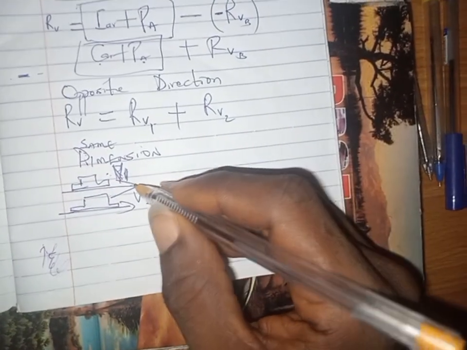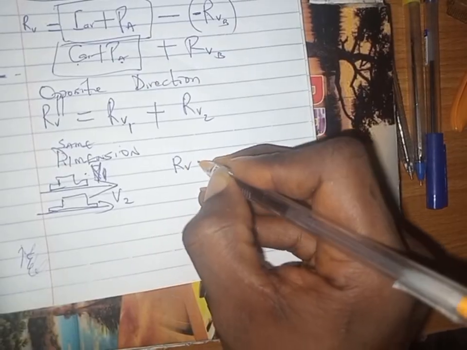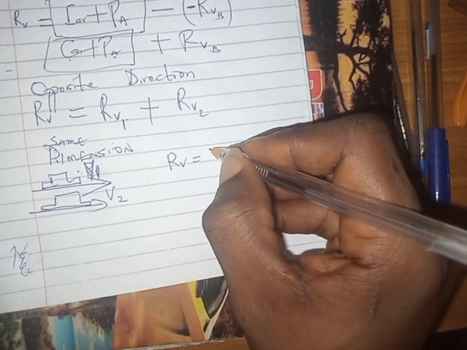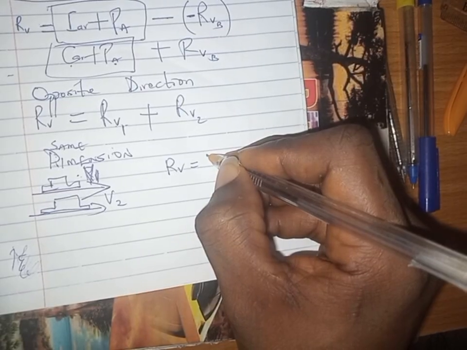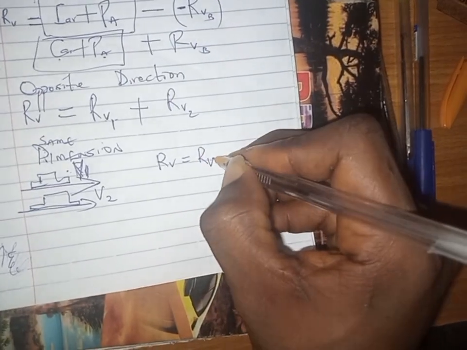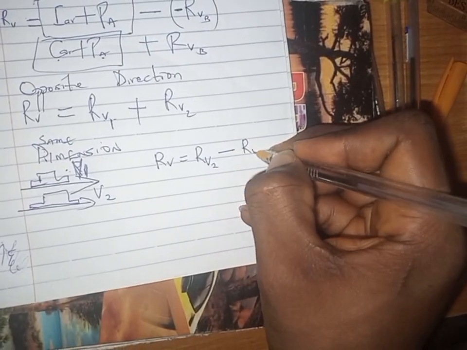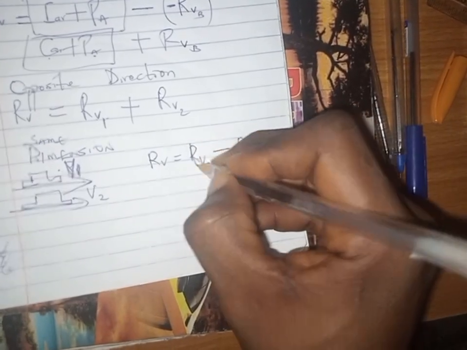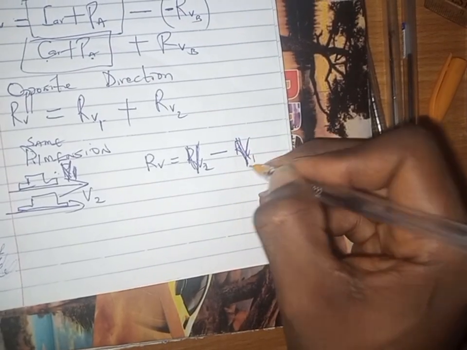So as observed by this person, the first person will see the other person's relative velocity as V2 minus V1, or let's use velocity: velocity 2 minus velocity 1.